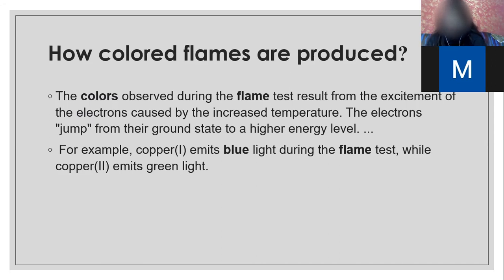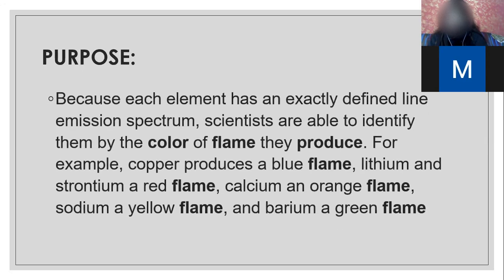Now, some examples are that copper 1 emits blue light during the flame test, while copper 2 emits green light. And what is the purpose of this? Because each element has an exactly definite line emission spectrum, scientists are able to identify them by the color of flame they produce.